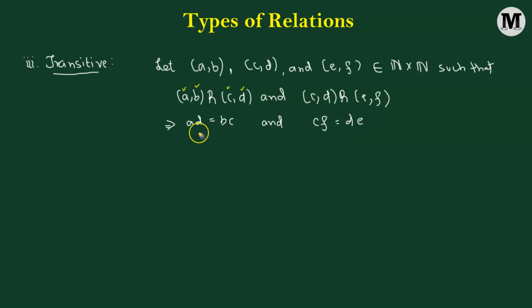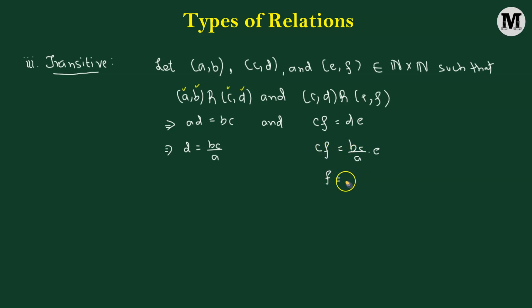Now what we'll do, from AD equals BC, let's do one thing. Let's isolate D. So D is simply going to be equal to BC over A. We're dividing both sides by A. Now we have CF equals DE. So we'll take CF, keep it as it is, and on the right hand side in place of D, we're going to replace it with BC over A, where B times C over A is multiplied by E. Now here we can say that C is a common factor on both sides.